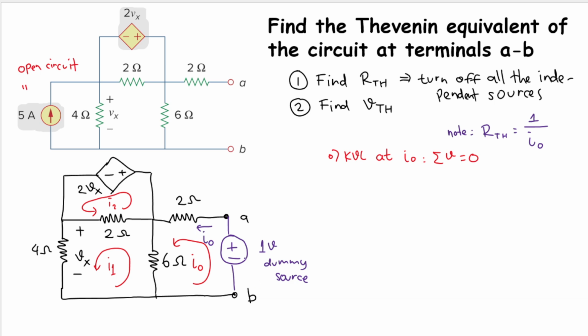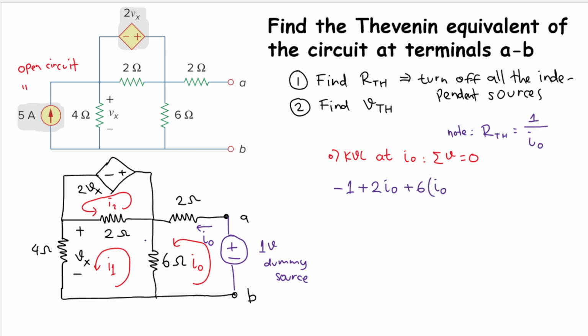Now let's start from this 1 volt dummy source. The current is flowing from the negative terminal to the positive terminal, so I will have minus 1 here. Then we move to that 2 ohm resistor, but we need to multiply it by the current to get voltage, so I will have 2I0 here. Then we move on to the last component here, so we will have 6. We are working on I0, so I0 comes first here.